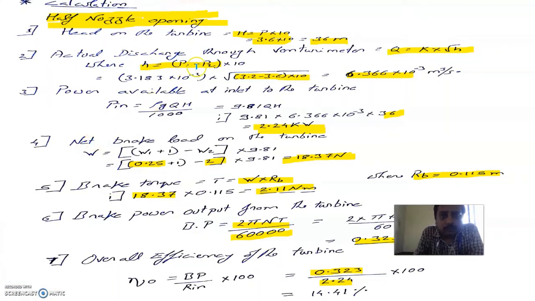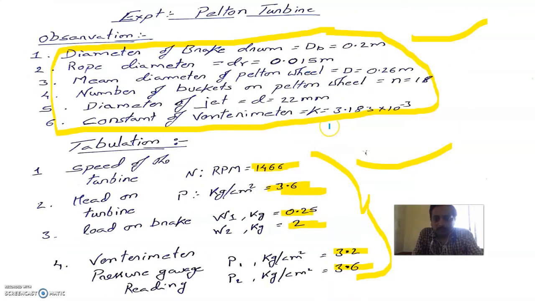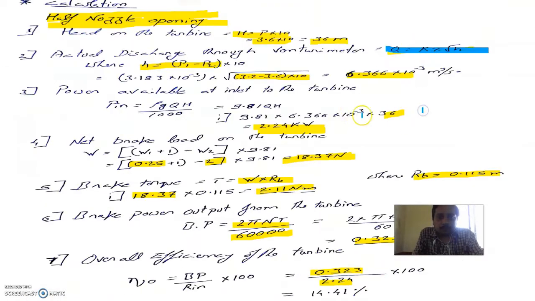Again, we need to calculate Q, actual discharge through the Venturi meter, that is Q equals K into under root H. K already has a given value over here, that is 3.185 into 10 raised to minus 3, under root H. So what is H over here?